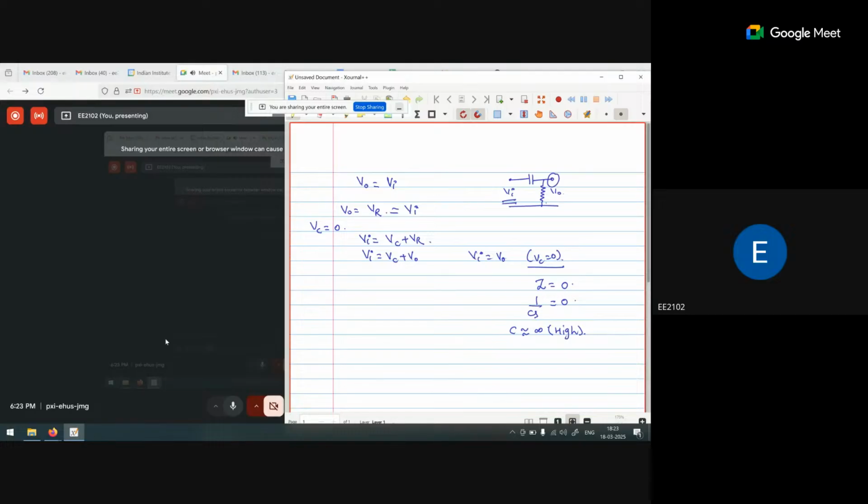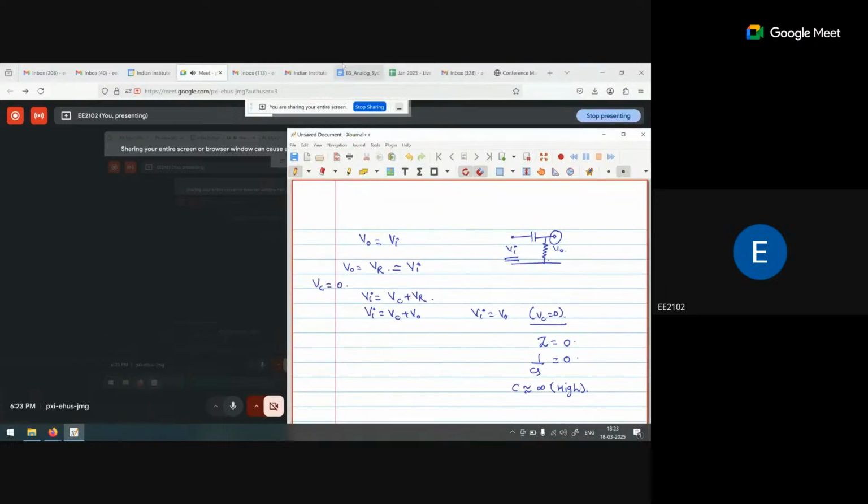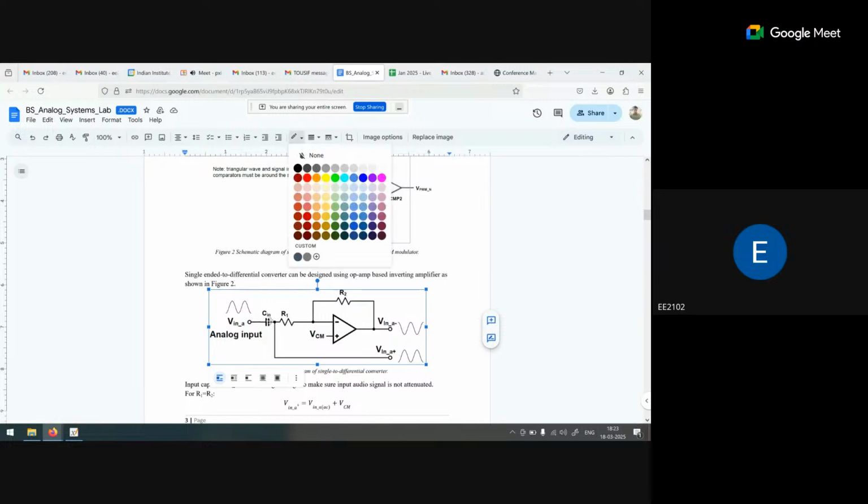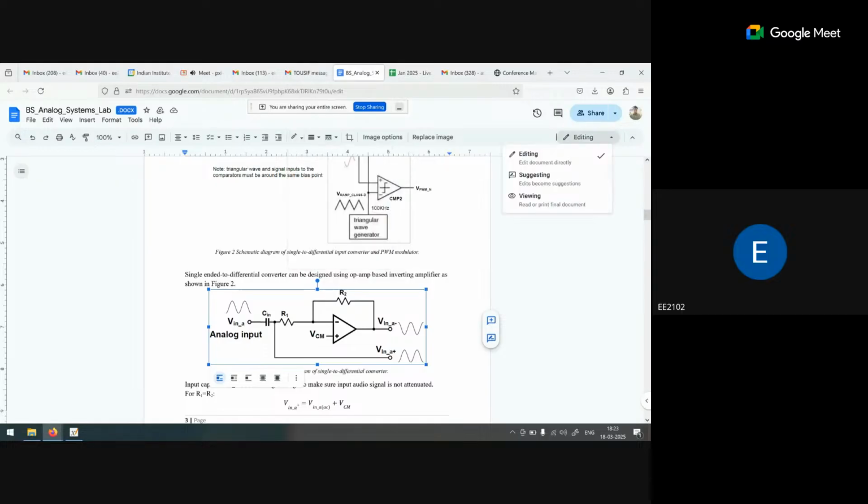Now if you go with the circuit part, this is your circuit. If we apply the V in input, we are assuming that the maximum voltage will appear at the plus terminal, or the dot between the capacitor and the resistor.